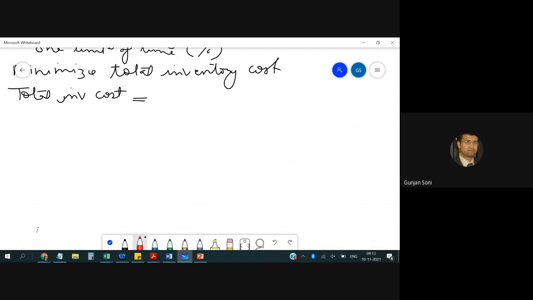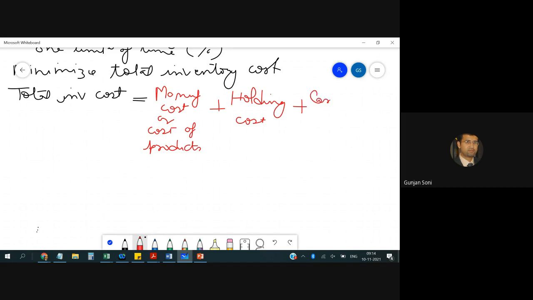One is the manufacturing cost, or cost of making the products, plus the holding cost, plus carrying cost.